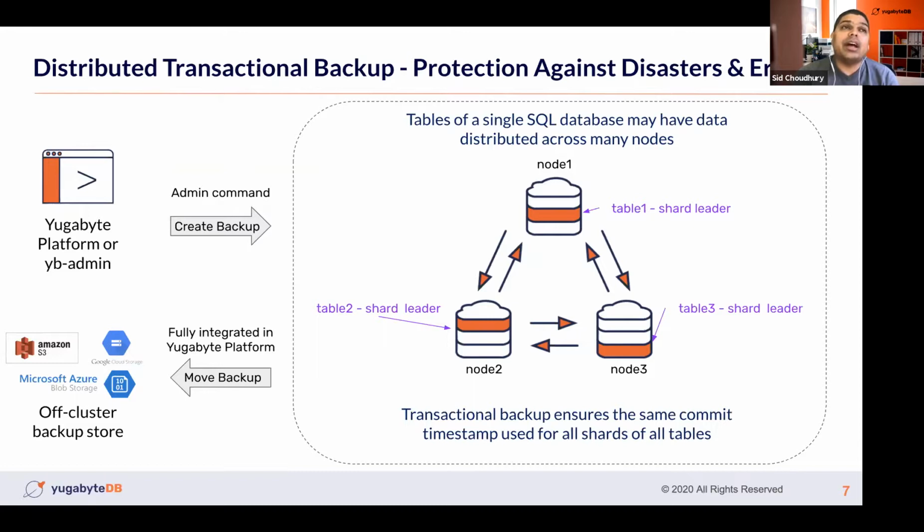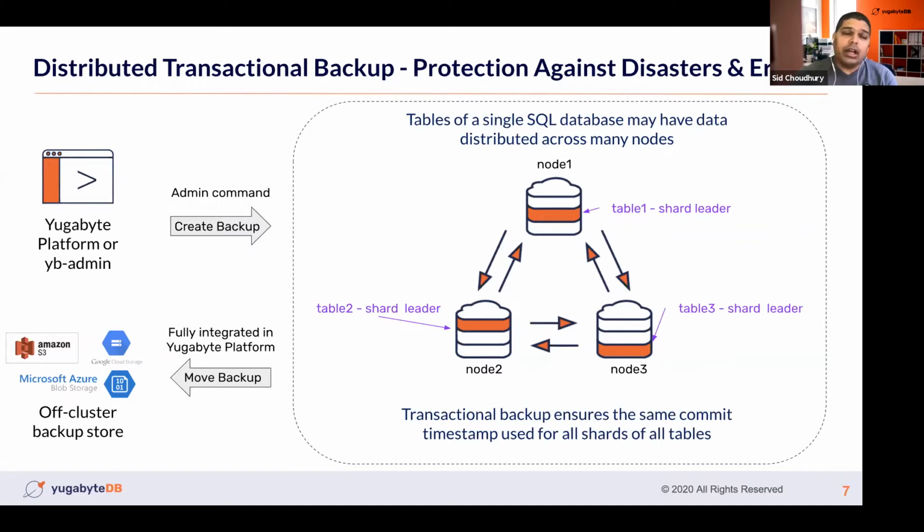And it has to be done in a transactional manner, so that as we take snapshots of the tables and the data, they do not become inconsistent across multiple tables. So for example, a secondary index cannot become inconsistent with its primary table inside the backup. You would expect that.